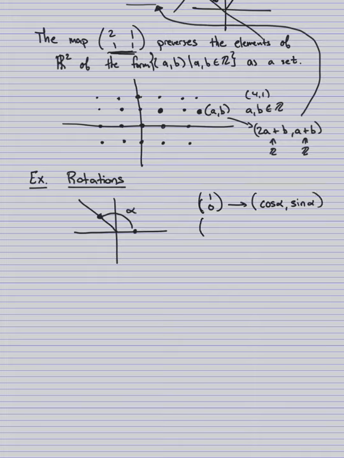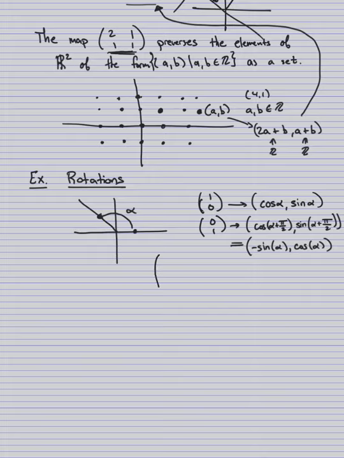On the other hand, the second basis vector goes to (cosine of alpha plus pi over 2, sine of alpha plus pi over 2), which people write as (negative sine alpha, cosine alpha).